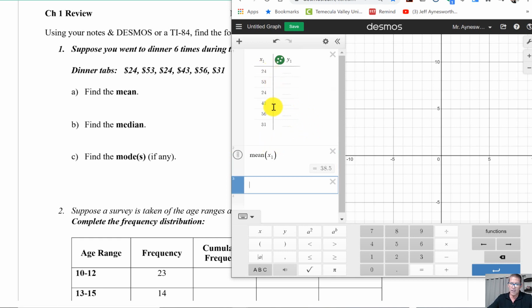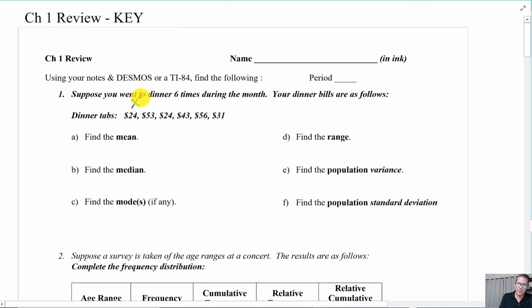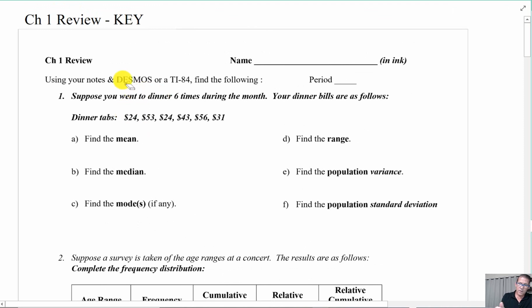All right, so if you added them up and divided by 6, because there's 6 different values, you would get 38.5. All right, so the mean, let's just go ahead and record our values. So the mean, x bar, is equal to 38.5. Okay, let me write that a little bit better.